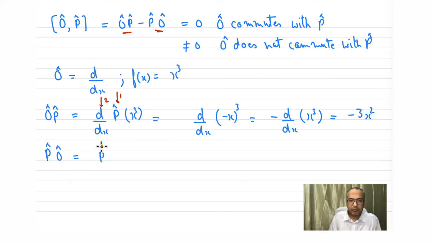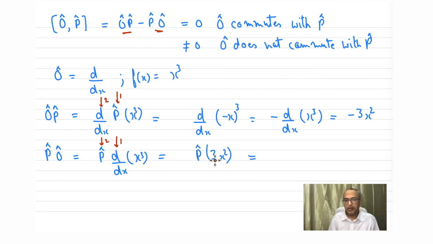Here the derivative is the first operation and parity is the second. The derivative of x cube is 3x square, and applying parity, replacing x with minus x, we get 3x square.